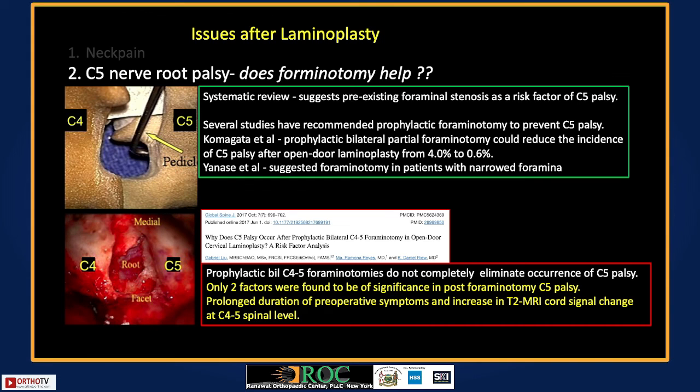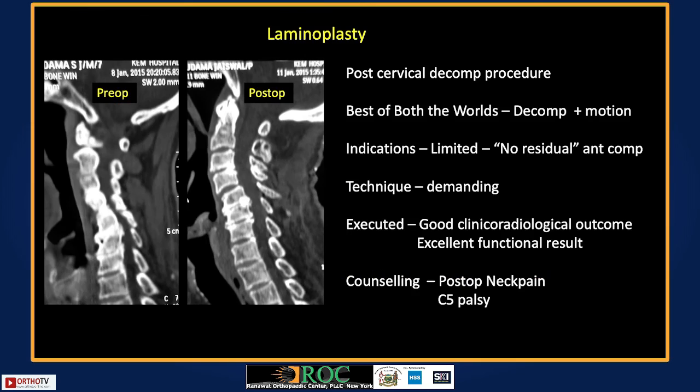Two most important factors which need to be taken into consideration are the duration of symptoms, and this is something that I noticed when most of the panelists opted not to go for surgery in the previous cases. So cord intensity changes are important predictors of a post-operative C5 palsy, and also the duration of symptoms of these patients.